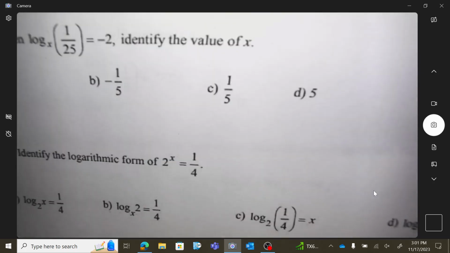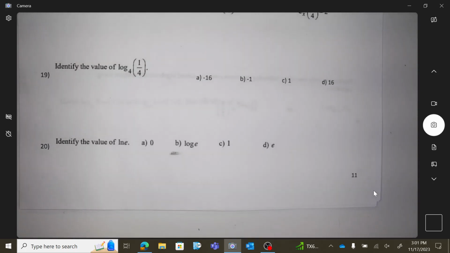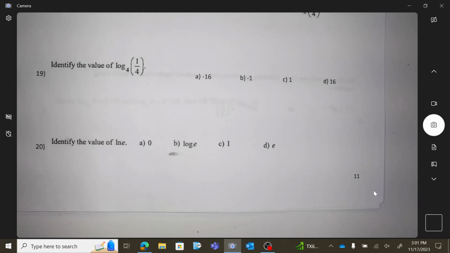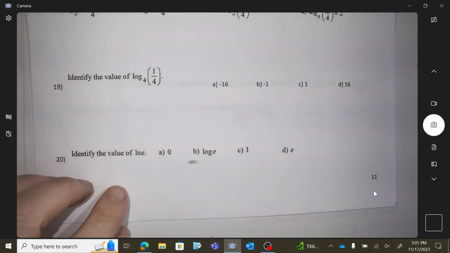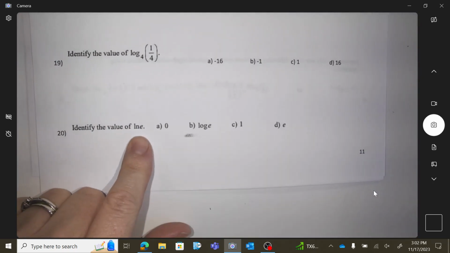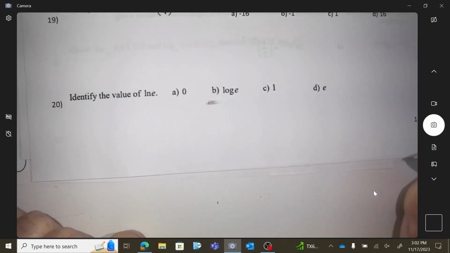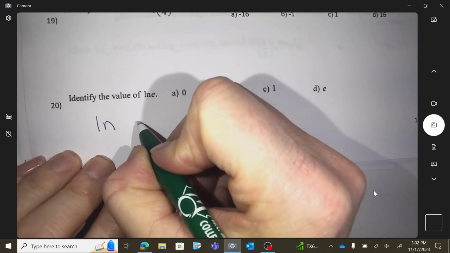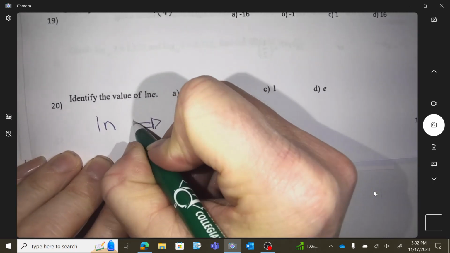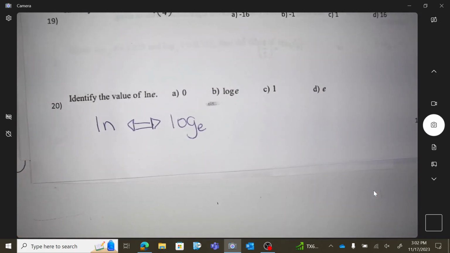Okay, flip to page 11. Okay, this one, more thing to add because there's always these crazy things. ln is the exact same thing as doing a log base e. e is a number in math.